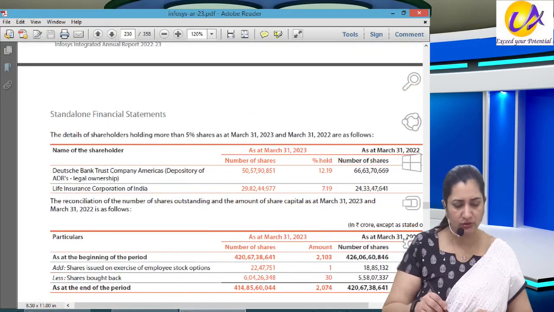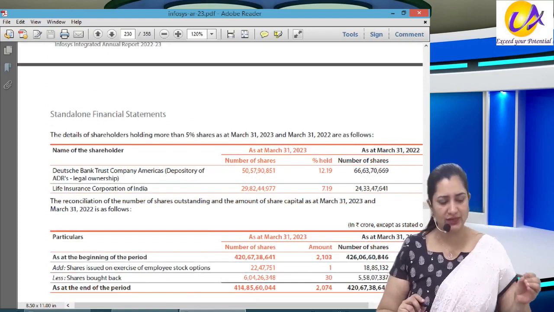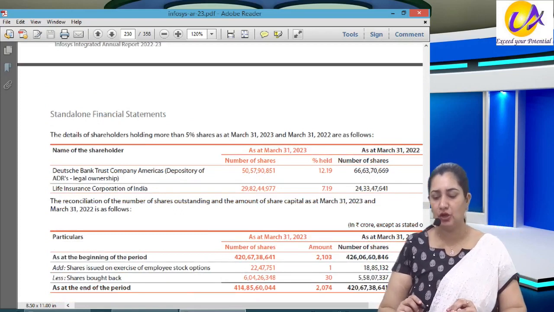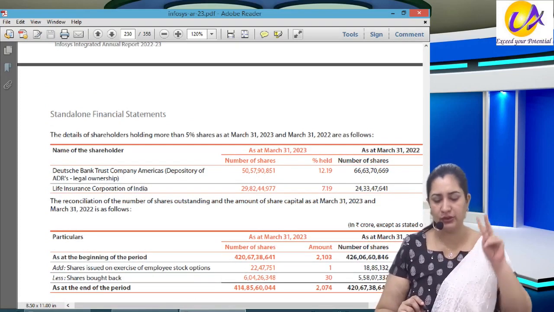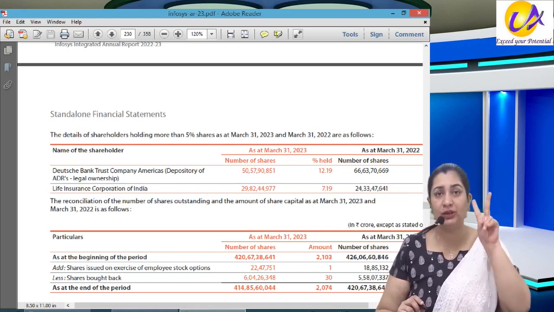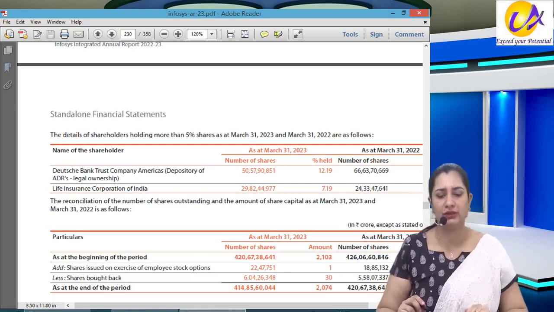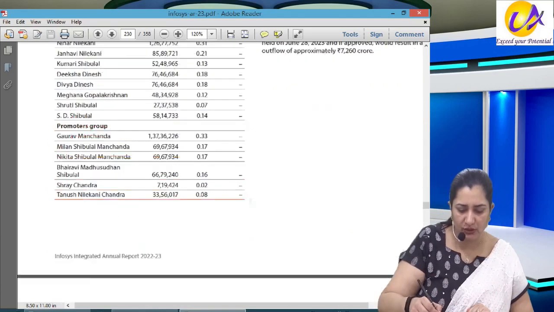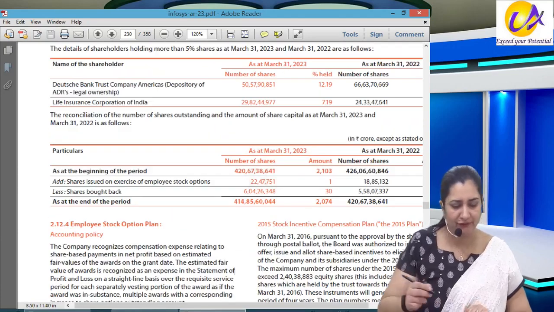See, here we have that also. Details of the shareholders holding more than 5% shares. So we have Deutsche Bank Trust Company holding 12% shares and Life Insurance Corporation 7.2%. Only two people are holding more than 5%. Even Narayan Murthy is not holding more than 5%. But as a promoter, you will see promoter shareholdings are given over here. So this is what we were saying, 5%.